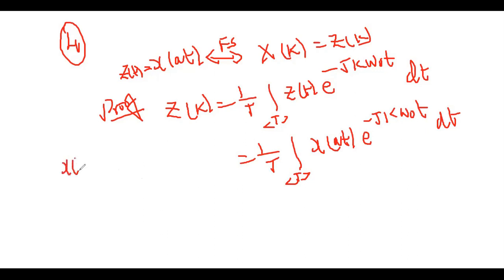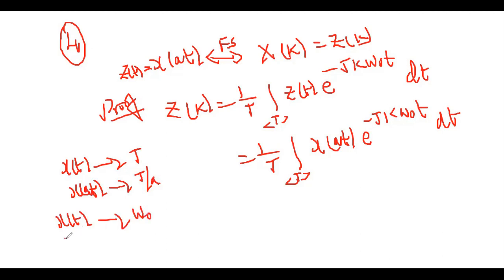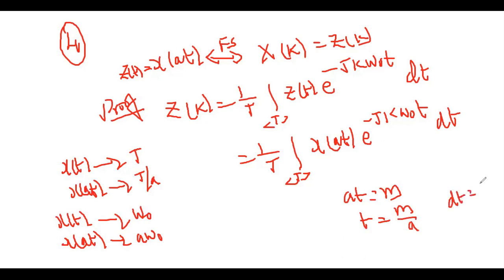So x(t) has time period T, and x(at) has time period T by a. And x(t) has frequency omega naught, and x(at) has frequency a into omega naught. So replace at with a dummy variable m, so t is equal to m by a. dt is equal to what? dt is equal to dm by a.